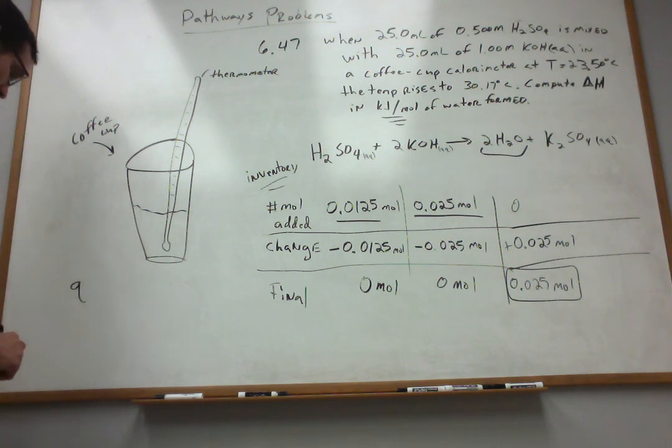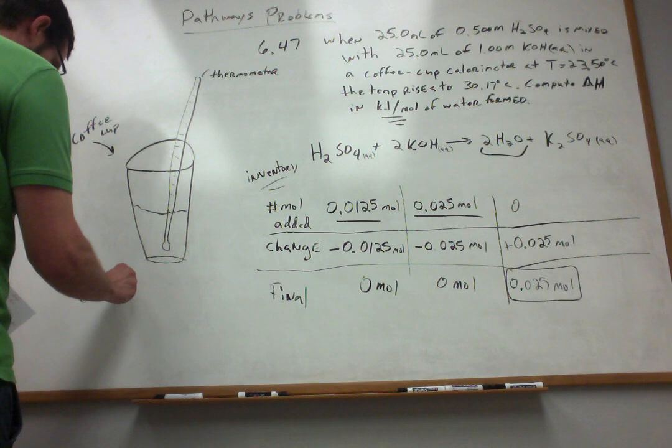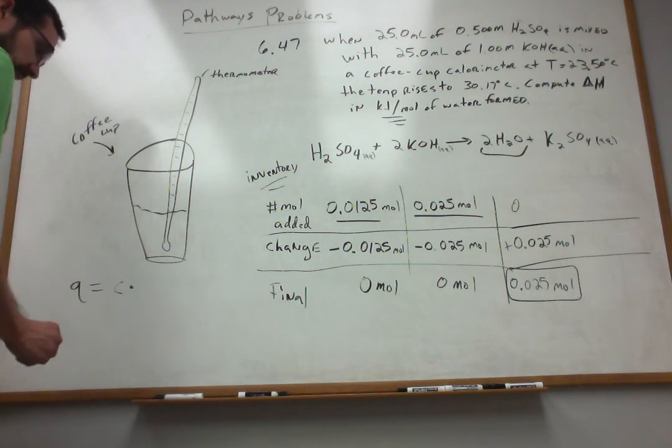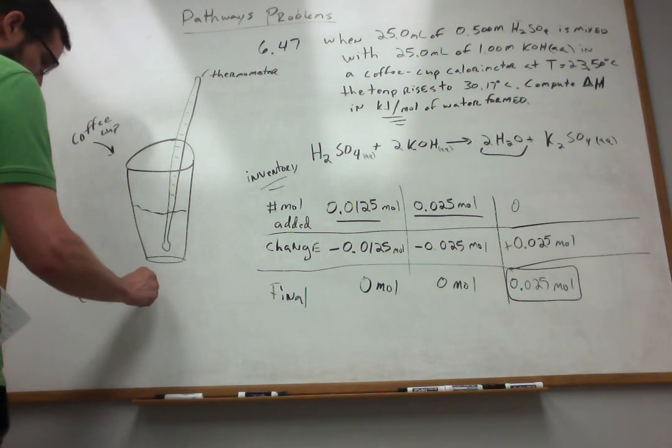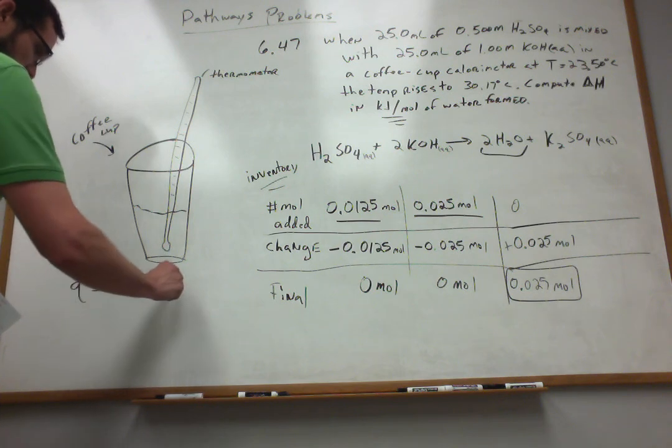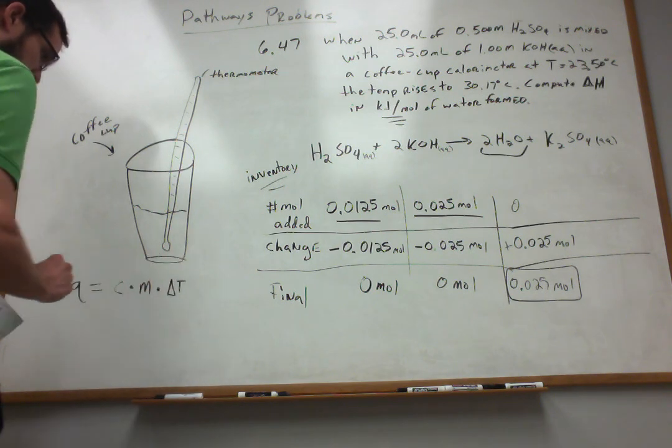Because now I need to know how much heat is generated in my reaction system, my Q term. Now remember, if I'm computing Q, take my specific heat, and I can multiply by m, my mass, and multiply by delta T, my change in temperature.